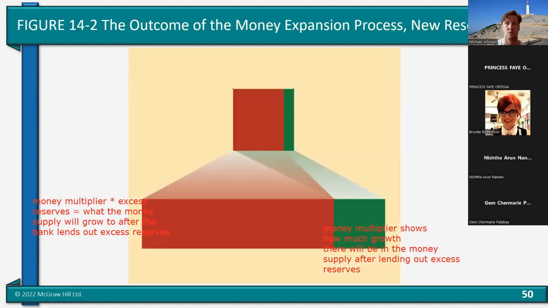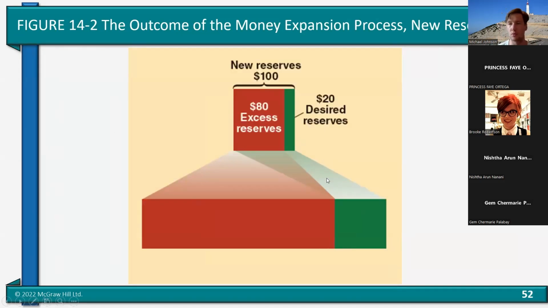So you have $80 excess reserves and $20 in desired reserves. And then $400 would be lent out of a $100 initial deposit. So this is a good description here. This is usually what happens in a bank.